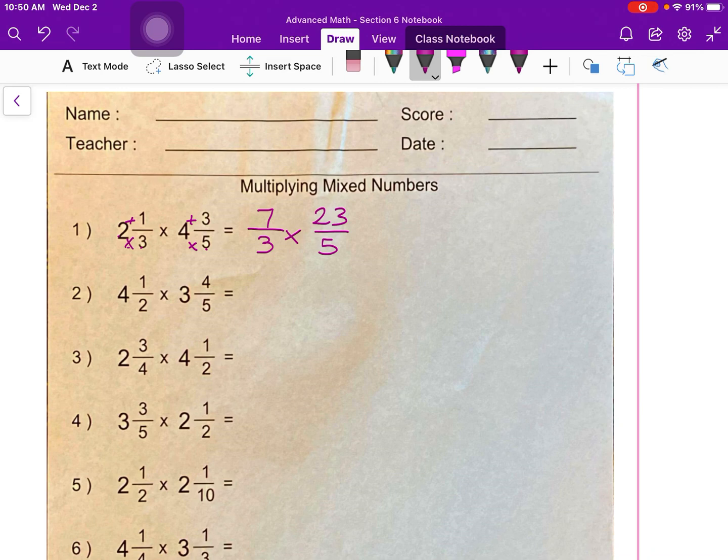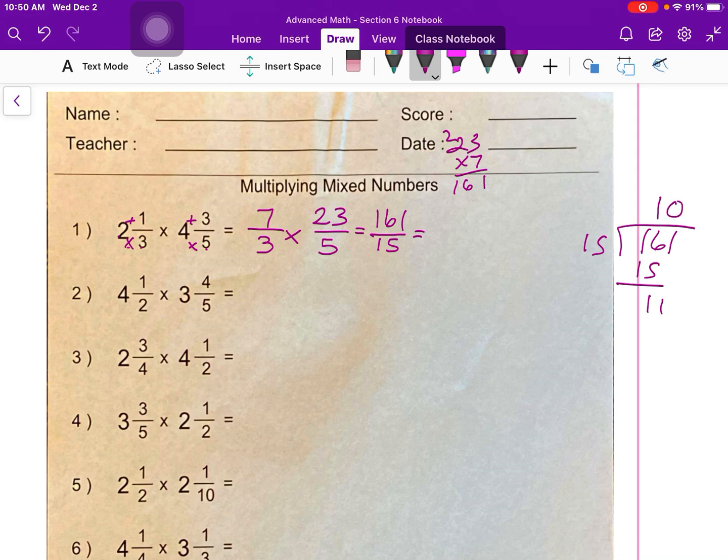I can't simplify anywhere, so I just have to multiply them out straight. The bottom is 15, and 23 times 7 looks like it's 161. And then I've got to change it back into a mixed number, and I can do that by division if I can't do it in my head.